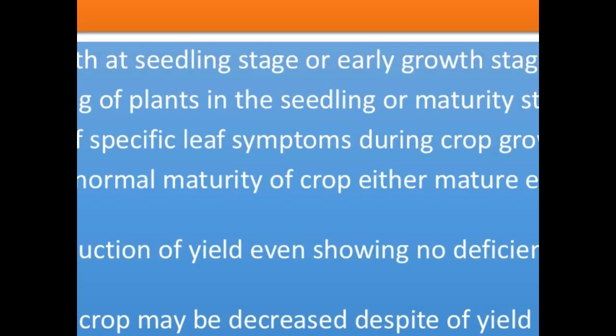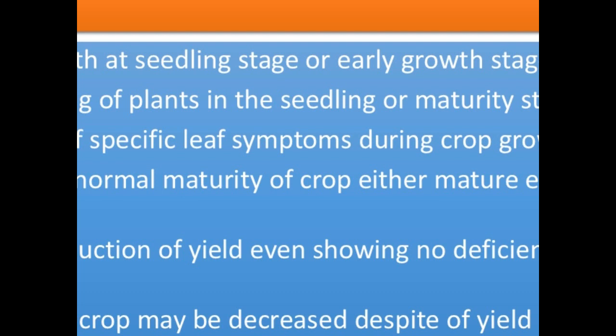The nutrient deficiency symptoms may be categorized as follows: complete death at seedling stage or early growth stage, severe stunting of plants in the seedling or maturity stage, appearance of specific leaf symptoms during crop growth, delay or abnormal maturity of crop, either early maturity or delay in maturity, and significant reduction of yield even showing no deficiency symptom in leaf.